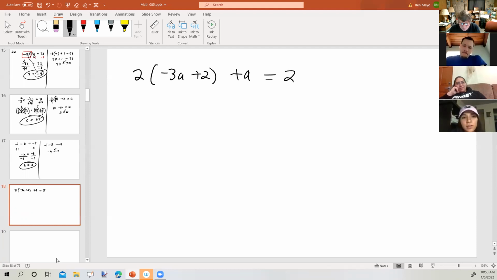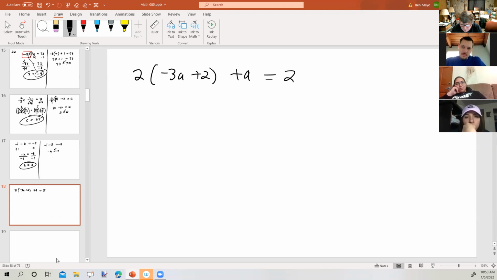What we're going to do is simplify each side of the equation before we do anything else. So I'm going to look at the left side of the equal sign. Inside the parentheses, these are not like terms. One's a variable term, one's a constant term. I can't do anything there.